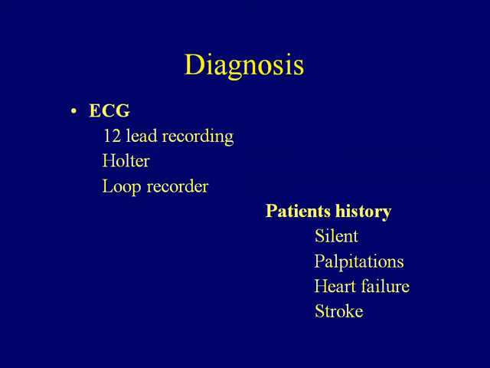Now, the diagnosis, as I said, is based on an electrocardiographic recording, Holter or loop recorder or whatever is fine. The patient's history, however, is not a solid basis for diagnosis. Often, atrial fibrillation is silent. Palpitations can be AF, but can be other arrhythmias as well.